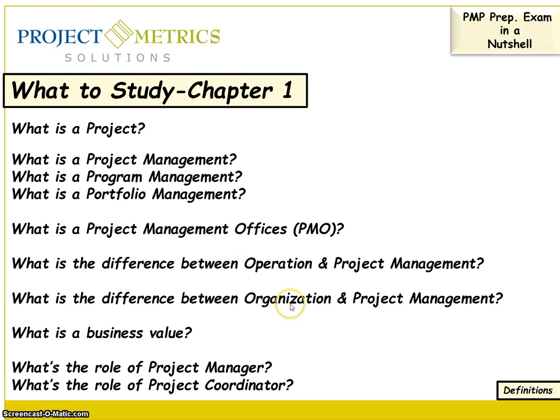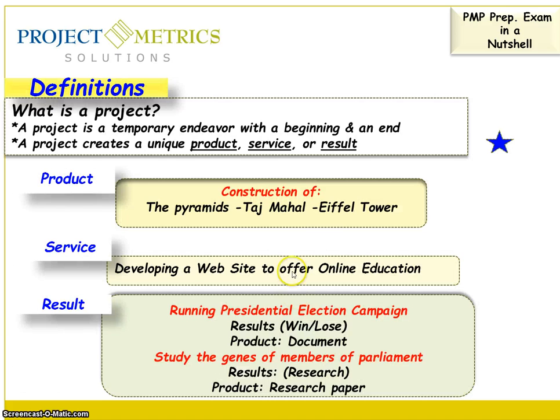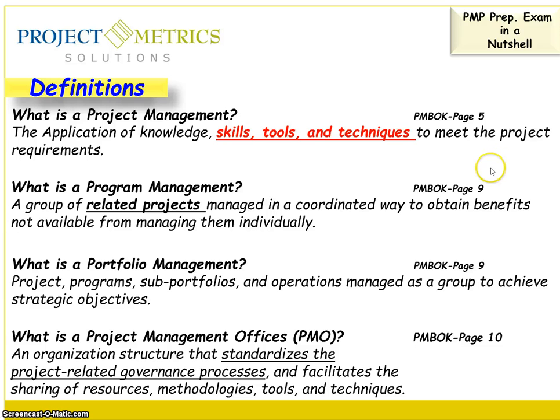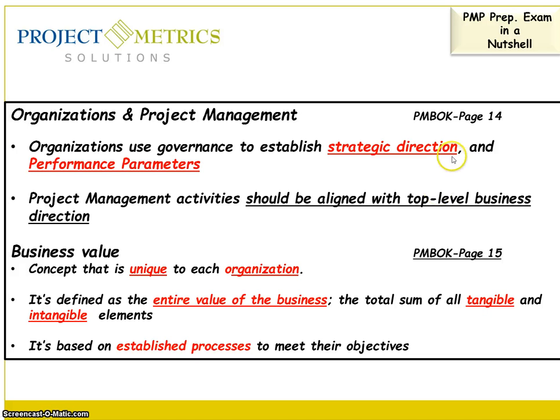Definitions: you look at them, use your mouse to pause, and you go through the definitions. It is straightforward. If you want to memorize, a slide with a star will be good. Then you look at page 5 of the PMBOK Guide, and page 9, and page 10, and page 14, and page 15.